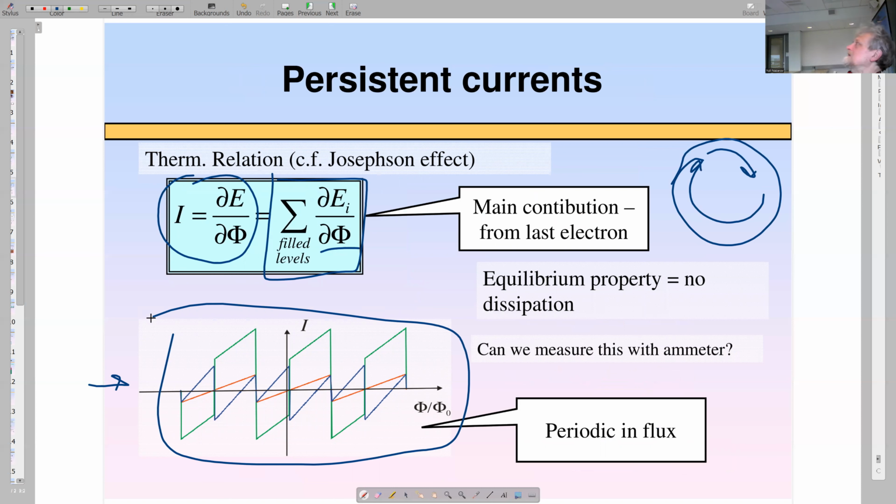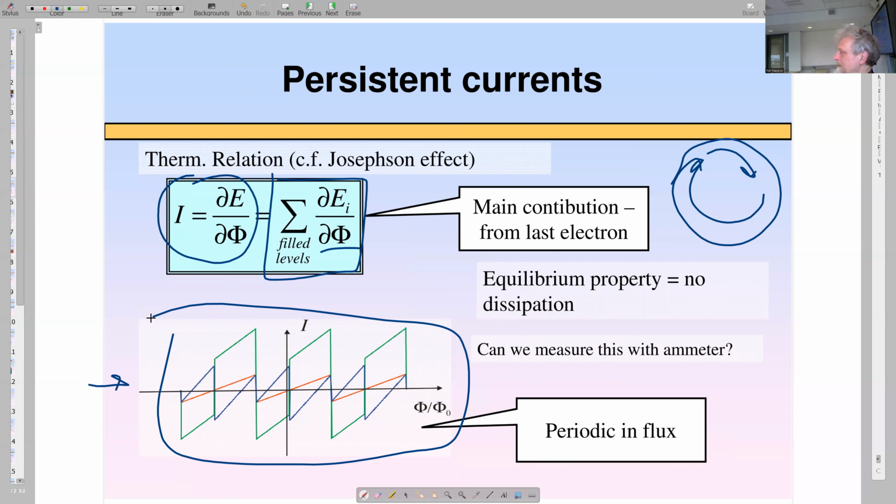Right. So there are many experiments to measure such persistent currents. It's been a challenging experiment. That's why it was so popular. Again, these currents cannot be measured with an ohmmeter.